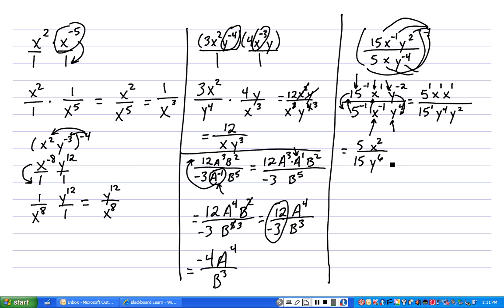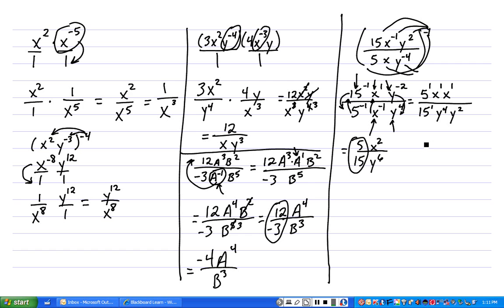At this point I can deal with my 5 over 15, which, if I pull out a 5, can be reduced by 5. Pull a 5 out of 5 is 1, pull a 5 out of 15 is 3.